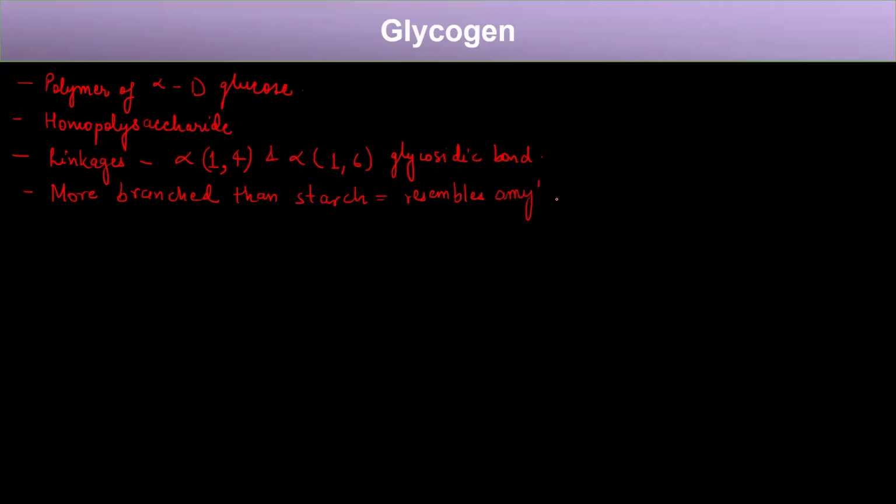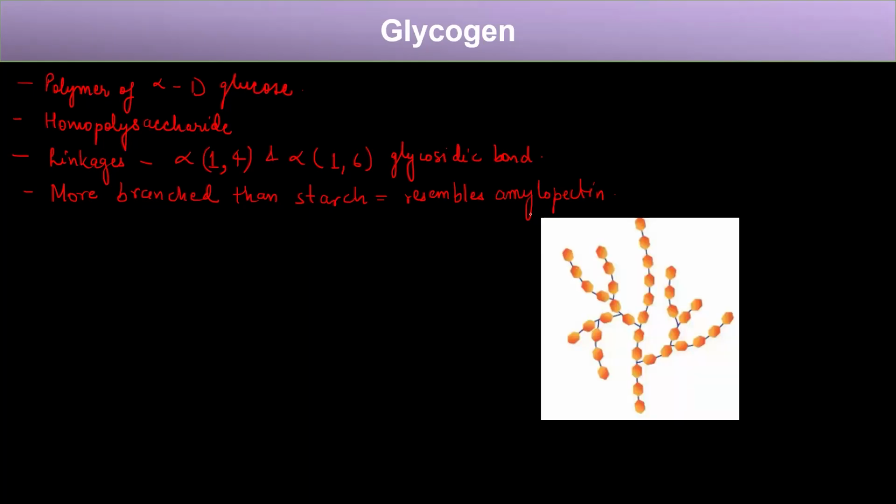So what is amylopectin? In the starch, we studied that it comprises two components, the amylose and the amylopectin. The amylopectin was the branched part. So here the glycogen, because it is more branched, resembles more of the amylopectin.